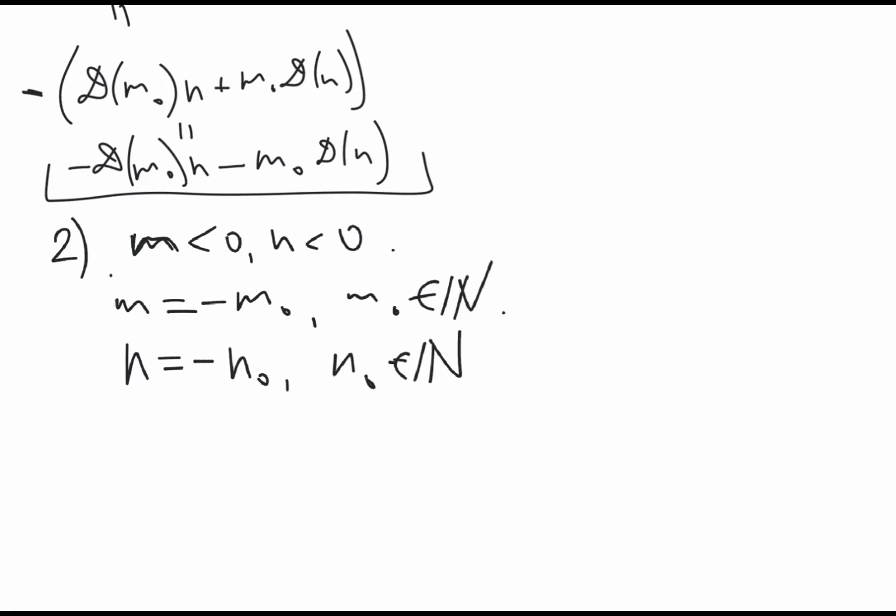And now we need to verify the product rule, which would look like d of minus m0 multiplied by minus n0.